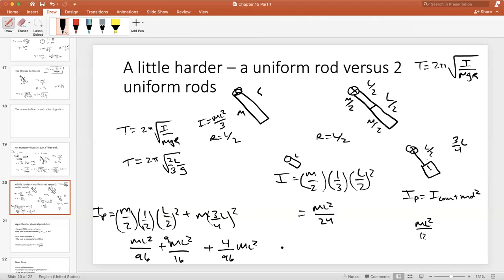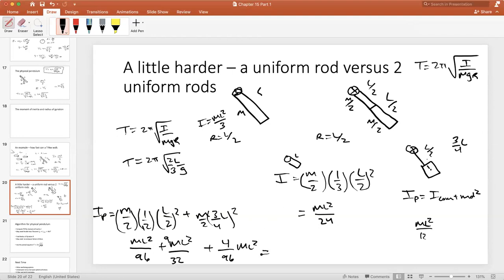What I should get is ml squared over 3. So I should get a third, which would be 32. So somewhere my math is wonky. I think I forgot it somewhere here. I did. I forgot that this mass is M over 2. So this becomes 32, and everything works now.